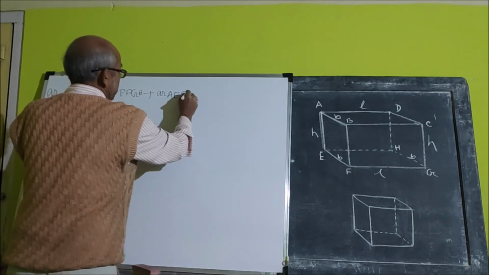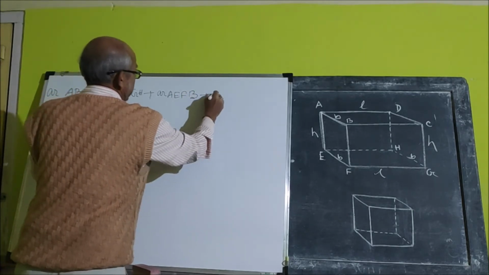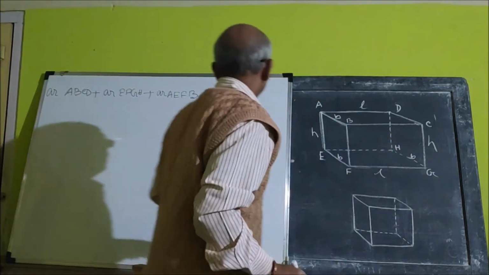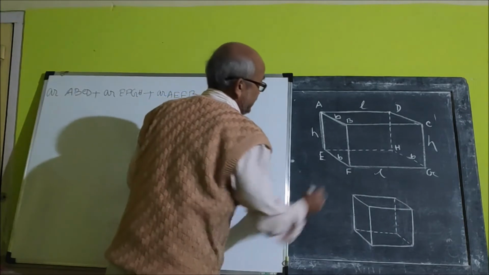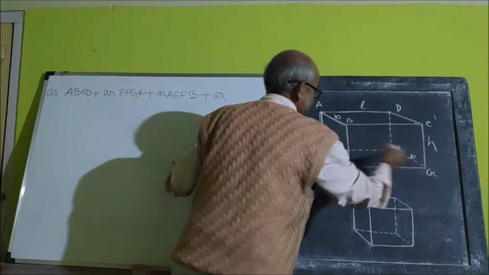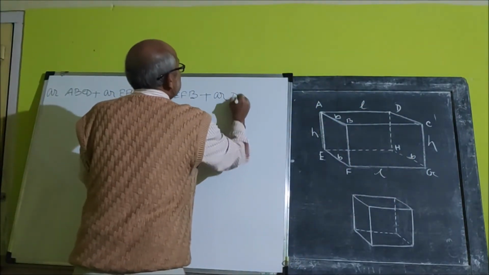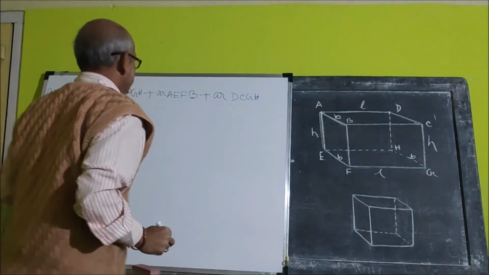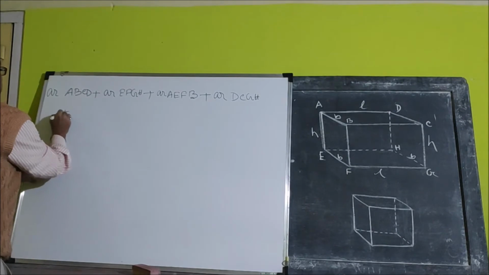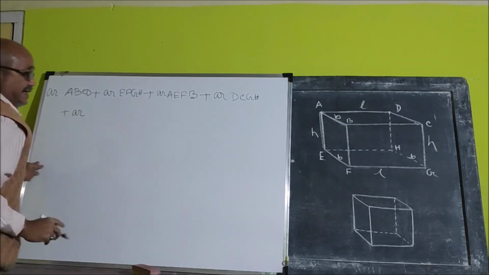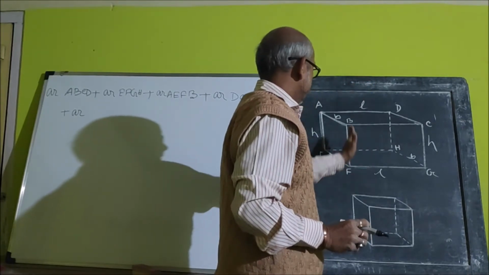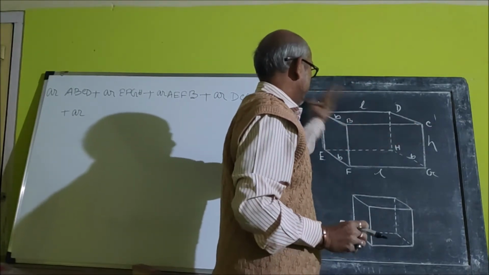Plus again the area DCGH, that side complete. Then the front side and back side.